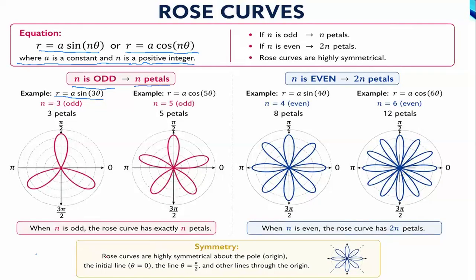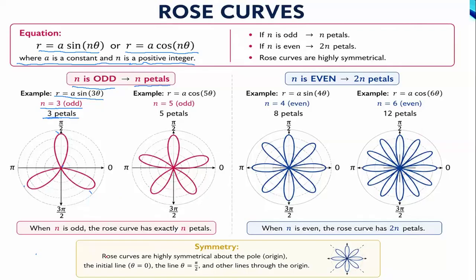Basically, you will find the number is 3 because it's odd, so we have the exact number of petals, which is 3. When you draw it, it will look just like the diagram shown here. You can count: 1, 2, 3, 3 petals there.